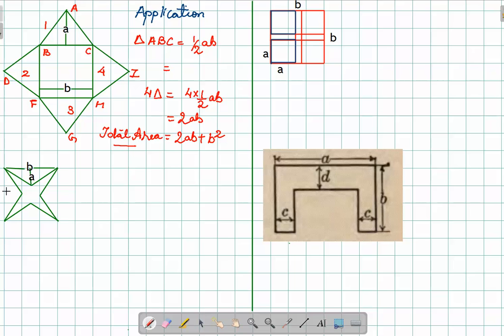A shape given like this, maybe a lawn or a garden or a field. So when you are given this kind of shape, all you need to do is think about making a square. Let me just select the scale.